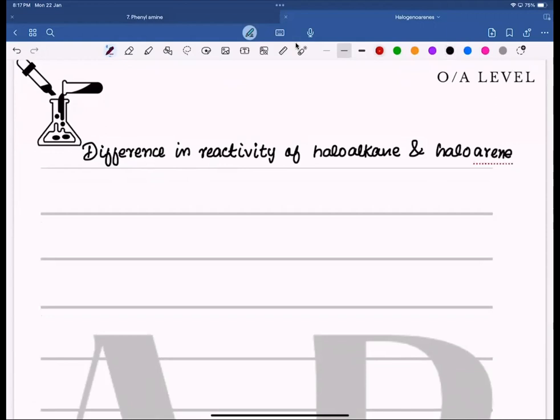Let's suppose I am taking a specific example, ethyl chloride. In general, it's RCl, and R is an alkyl chain.